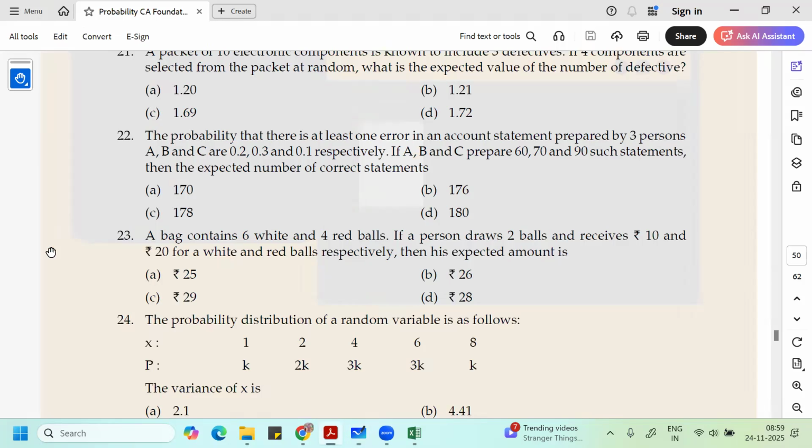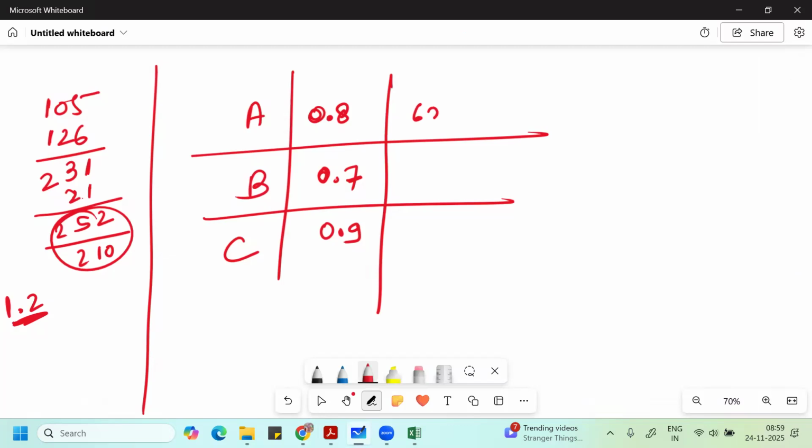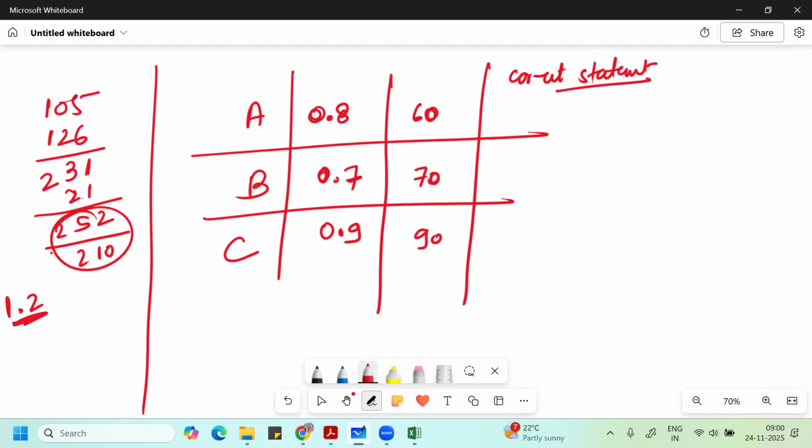And then A, B, and C prepared 60, 70, and 90 statements. So the correct statements prepared by A, B, and C: 60 into 0.8 would be 48, 0.7 into 70 would be 49, and 0.9 into 90 would be 81.